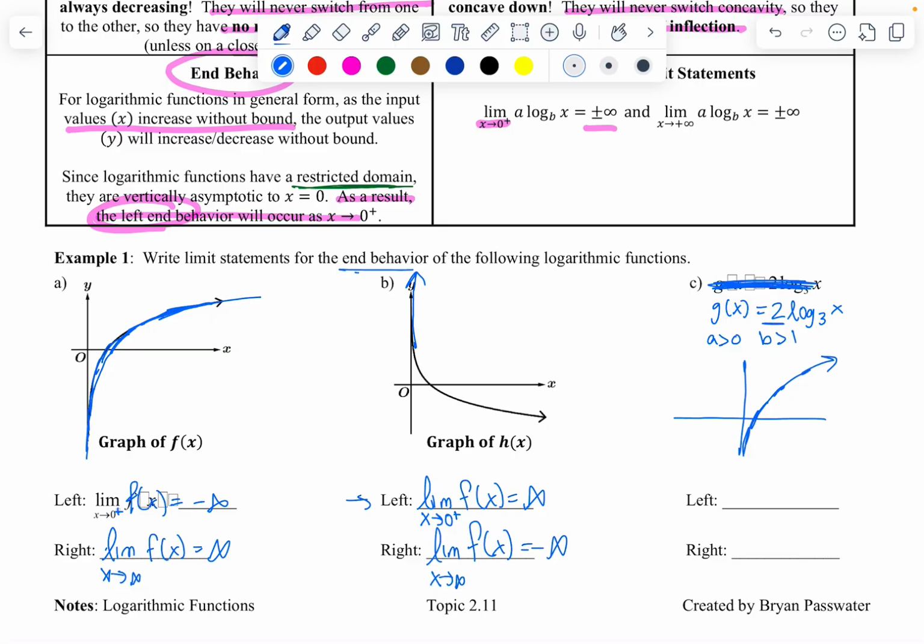So you do a rough sketch, just like I just did, and then you can see that your left end behavior, which you have to write as x approaches 0 from the right of f of x, is negative infinity, and the limit as x approaches infinity of f of x is positive infinity.